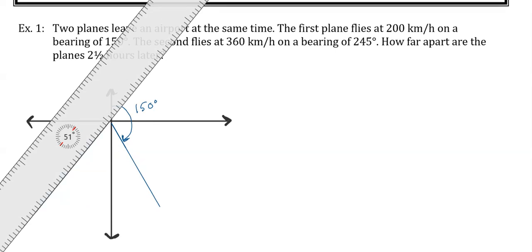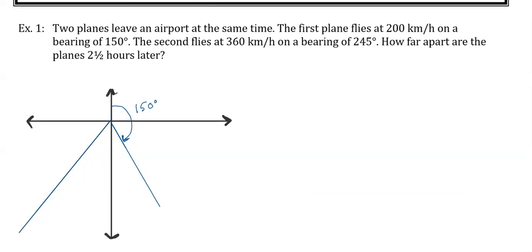And this person's flying faster, so what do we know about them? In 2.5 hours. What do you think? 200 kilometers an hour for 2.5 hours, 360 kilometers an hour for 2.5 hours.